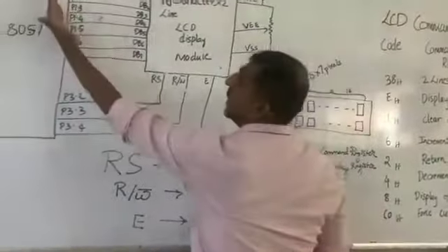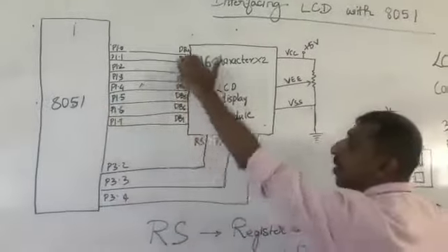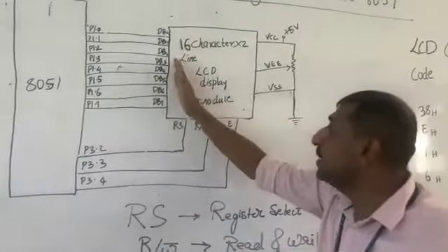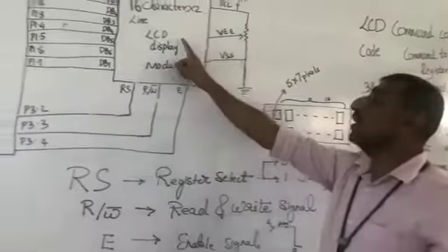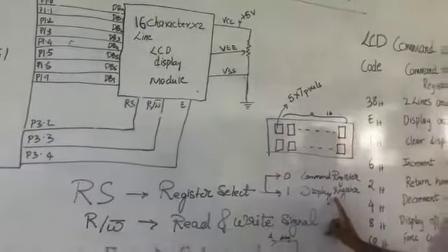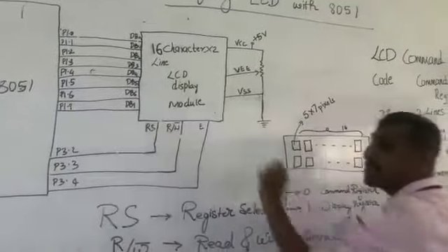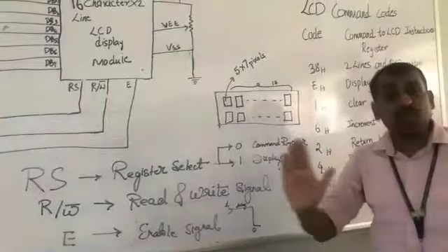And the data gets from port 1 to DB0 to DB7, and whatever data comes here either gets stored into the command register or it gets stored into a display register. If you have sent a command, then make it store in the command register, and once it gets stored in the command register, it executes as a command.